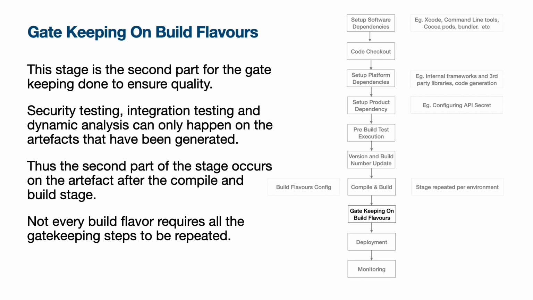So there is this design choice that needs to be made based on the context of the project that we are working on. But in a nutshell, the key to highlight here is that this stage would be the second level of gatekeeping to ensure the artifact that we have curated is safe for deployment.